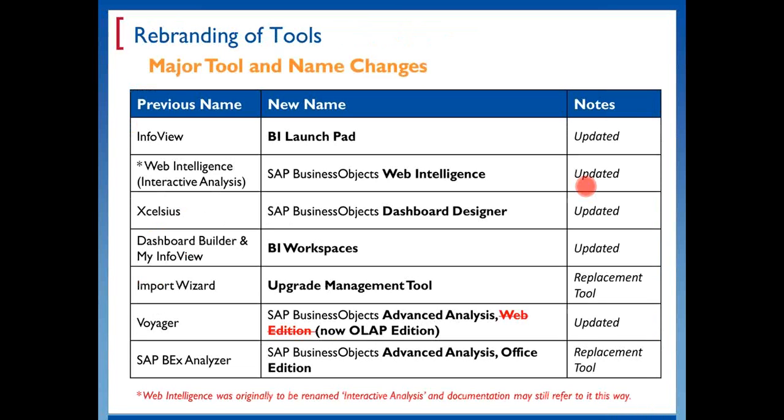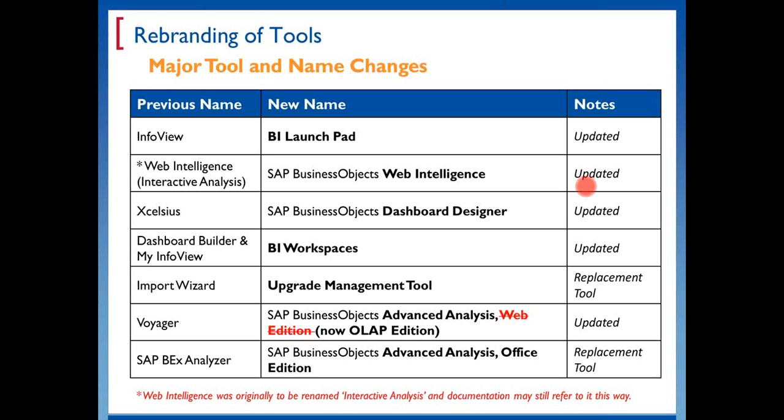Until Business Objects Xi 3.0 or 3.x platform, the previous version basically, we had a portal called InfoView, guys. InfoView is a portal using which you will be able to create reports such as Web Intelligence and Crystal Reports.